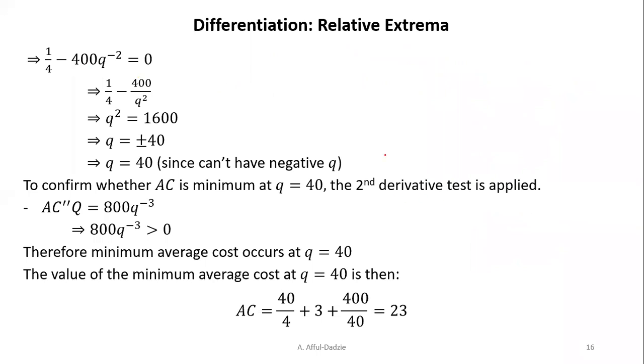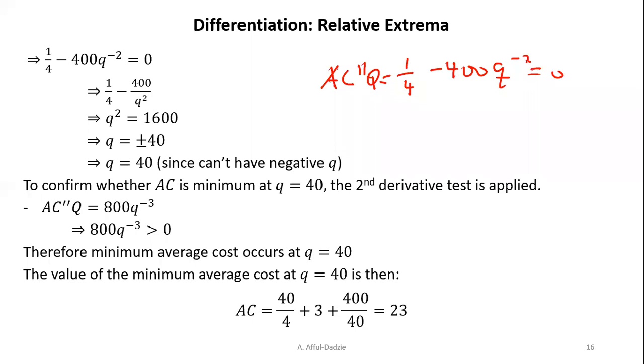So please, I can cancel these ones. So we have 1 over 4 minus 400 Q to the power minus 2 equals 0. So let's take the second derivative test, which will be AC prime of Q. So this guy goes away because it's a constant.